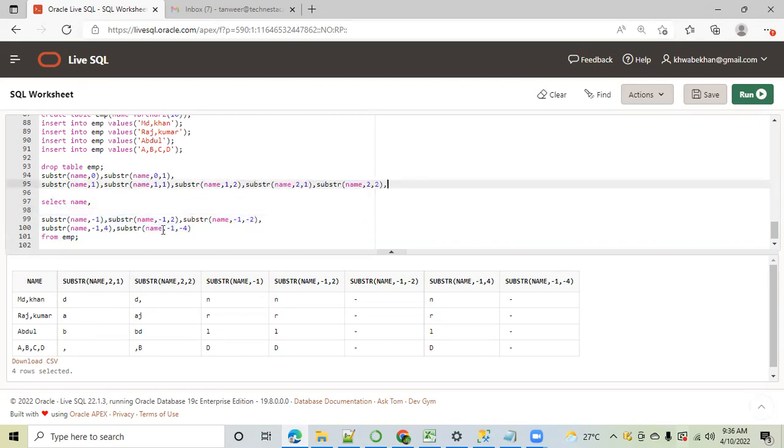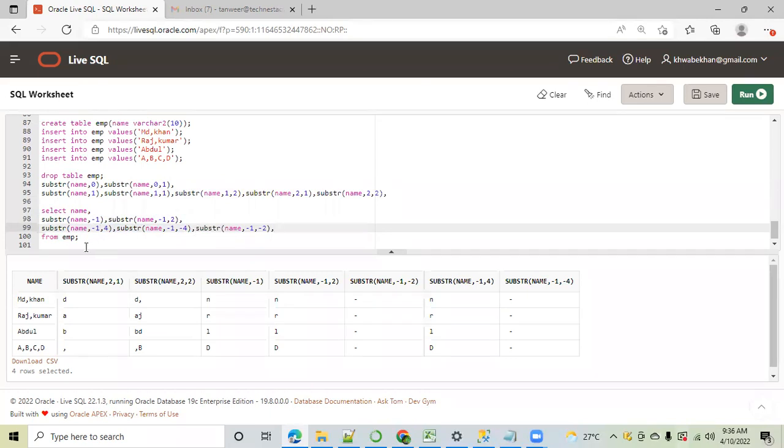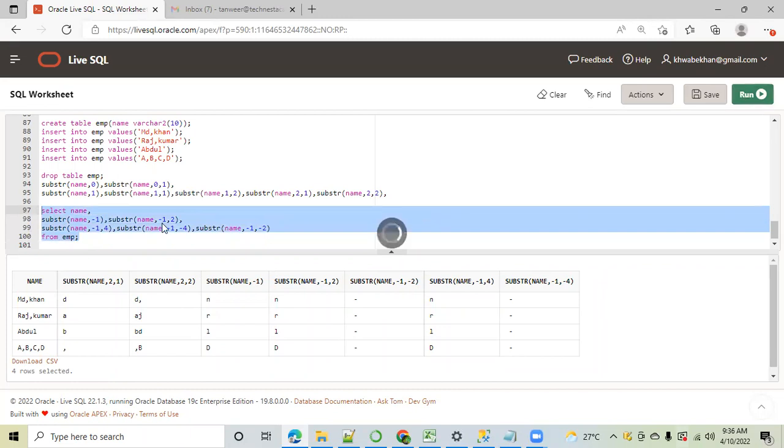Let me remove this positive from here. The -1, -2, let me keep this at the end. Now let me execute this. See, this is very simple.